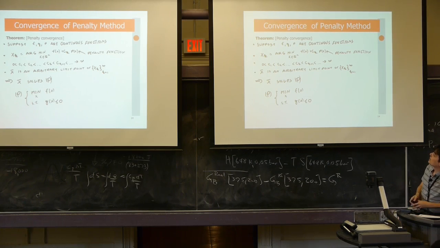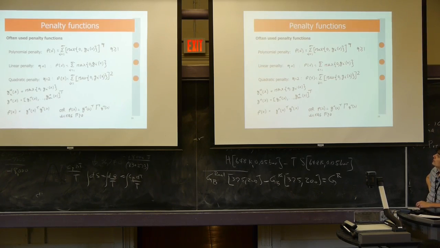And we also proved the convergence of the penalty method theorem: if f, g, p are continuous functions, x_k is defined as we just discussed, and c_k are increasing positive numbers diverging to infinity, and if x bar is any limit point of the sequence that our algorithm generates, then this limit point will solve the primal problem. And we proved this theorem.